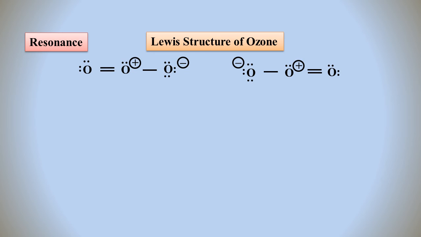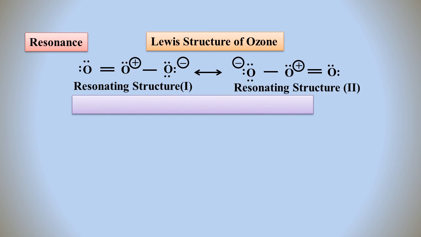Also we can reverse it and make a resonance form as the electrons transfer. We can write it as an isomer, meaning making a converse of it, so we can write negative, positive, and dots. We can call it a resonance. We can get the other one, so the two structures we can say are resonating structure 1 and resonating structure 2.